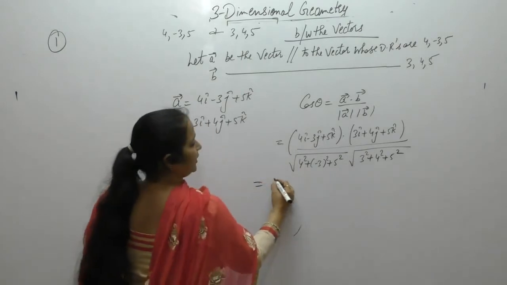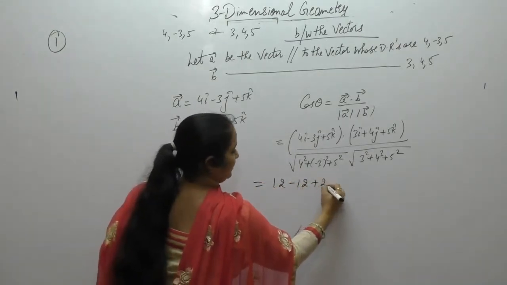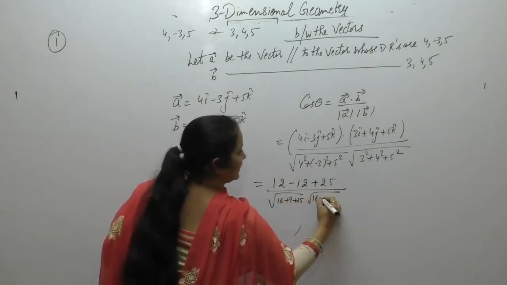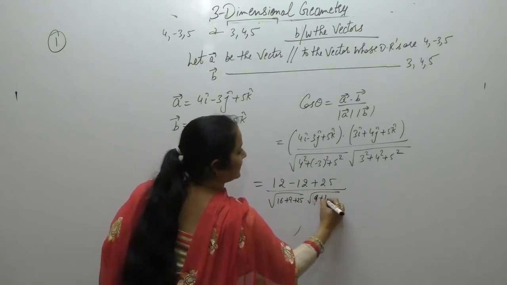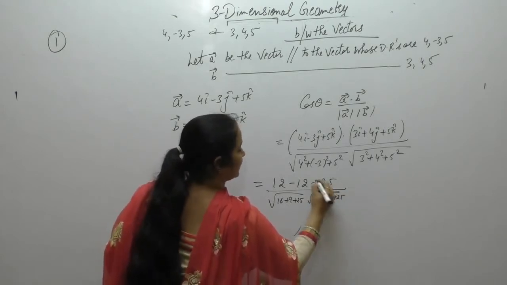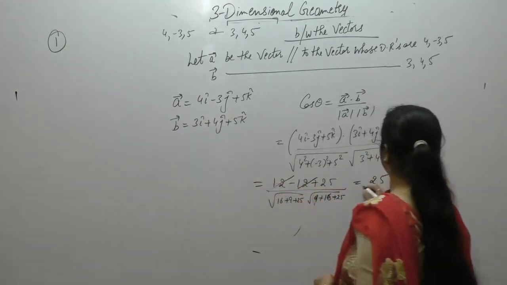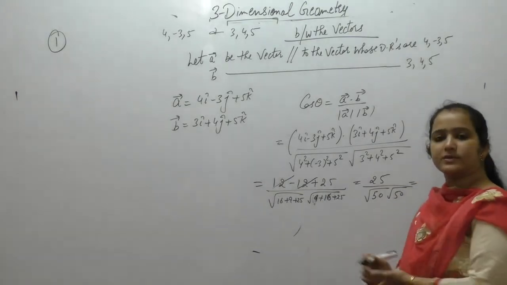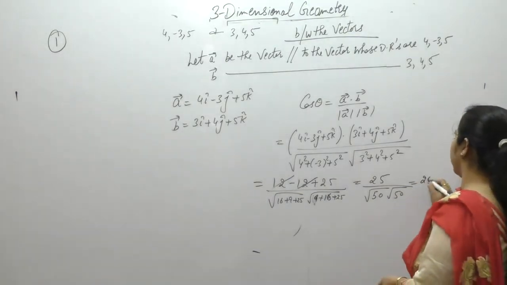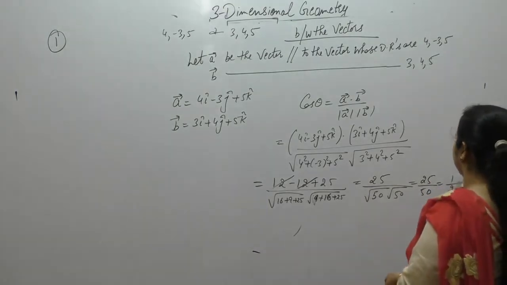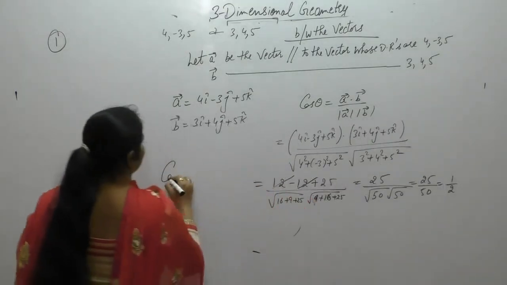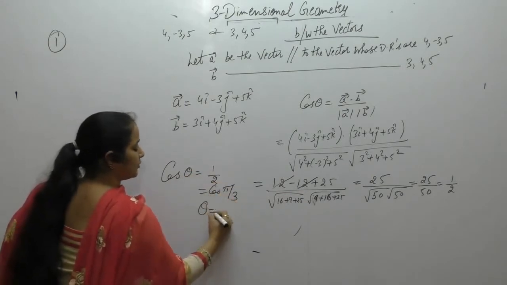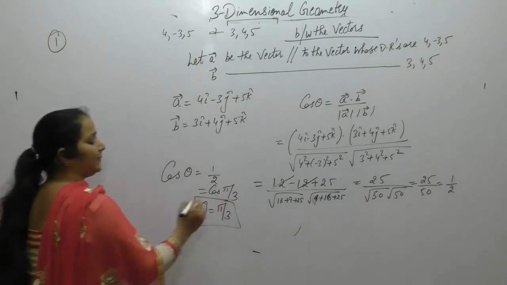Dot product: 4 into 3 minus 3 into 4 plus 5 into 5, that is 12 minus 12 plus 25, which is 25. In the denominator, 16 plus 9 plus 25 is 50. So we get 25 upon square root of 50 times square root of 50. Same terms having square root, so we get 25 upon 50, that is 1 by 2. Cos theta is 1 by 2. 1 by 2 is the value of cos pi by 3. So we get the angle theta as pi by 3.